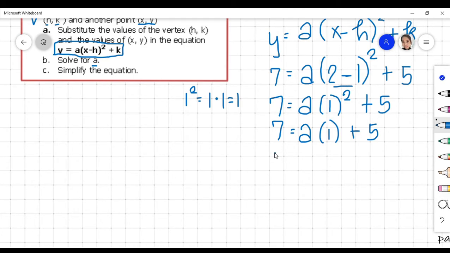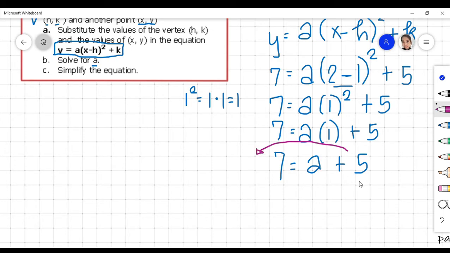Copy 7 again. 7 equals A times 1 is just A plus 5. So, since yung A natin is on the right side already, so wag na natin siyang i-transfer. But we will transfer positive 5 to the left side para mas madali. So, transfer 5 to the left side.